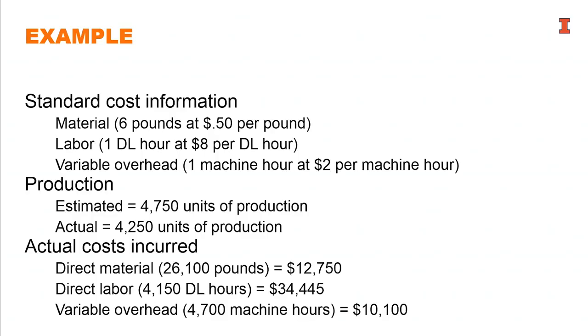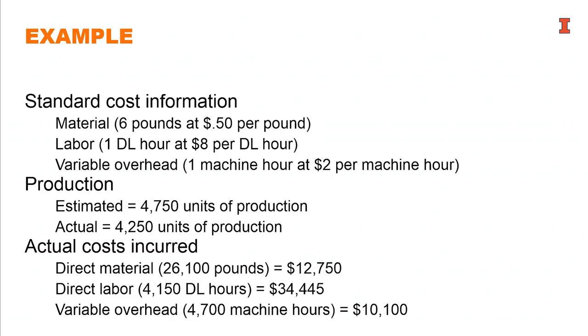In terms of direct labor, we actually spent a total of $34,445, and we actually used 4,150 direct labor hours. And for variable overhead, we actually incurred costs of $10,100, and we used 4,700 machine hours to complete the production.